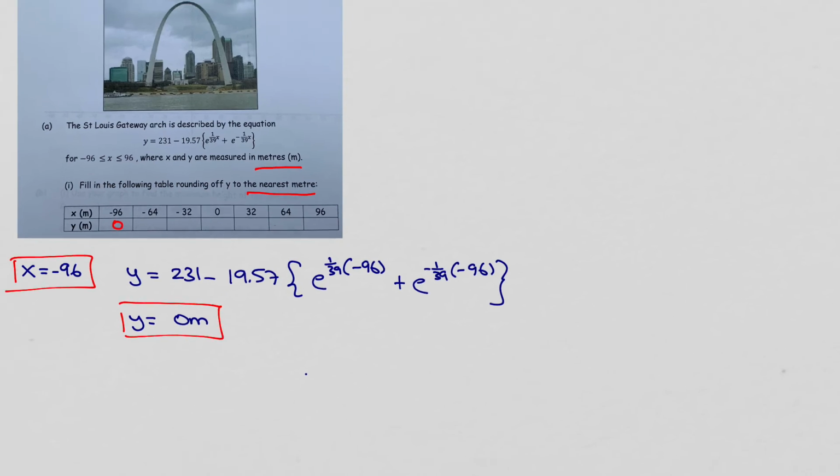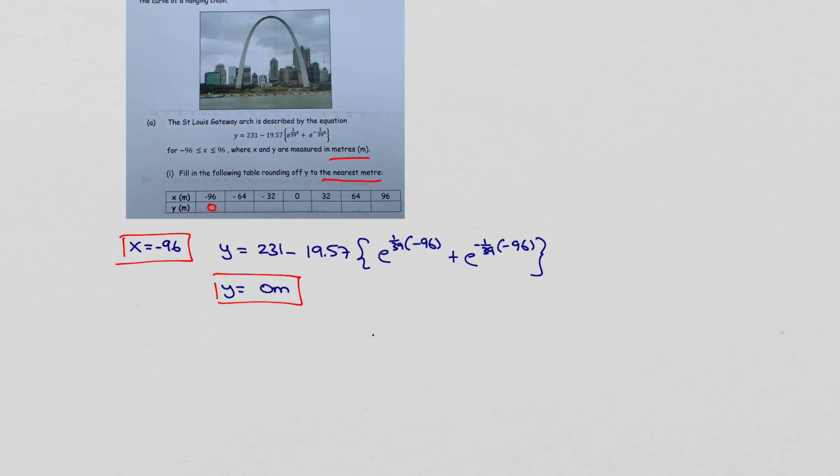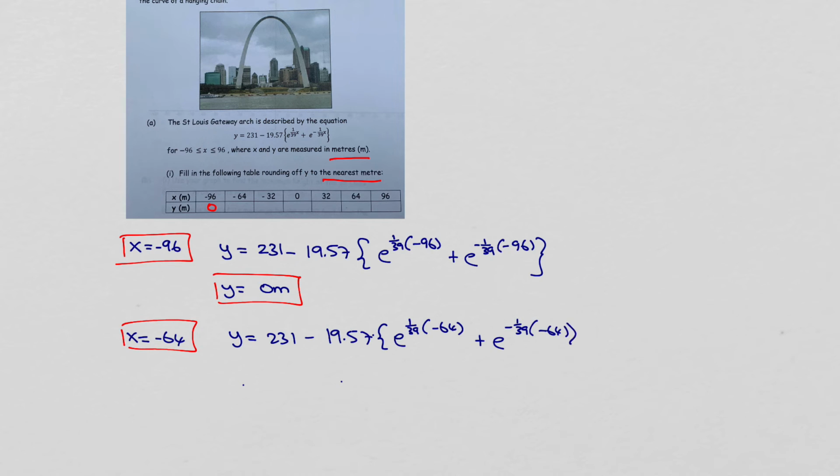So we're then going to do the same for minus 64. So when x is equal to minus 64, let's sub in. So we have y is equal to 231 minus 19.57 times e to the power of 1 over 39 times minus 64 plus e to the power of minus 1 over 39 times minus 64.